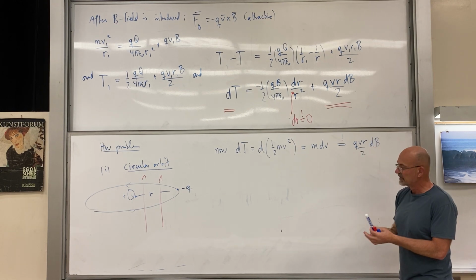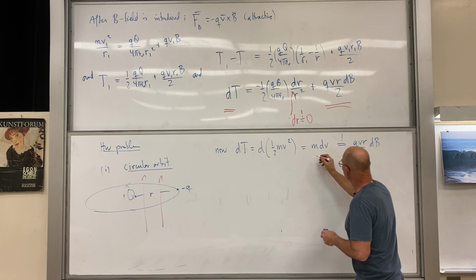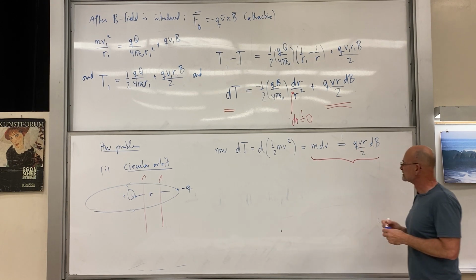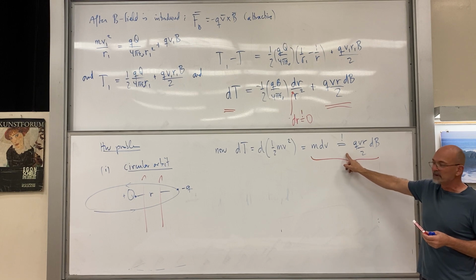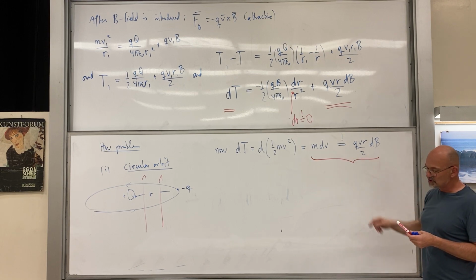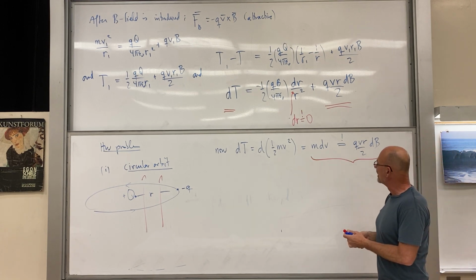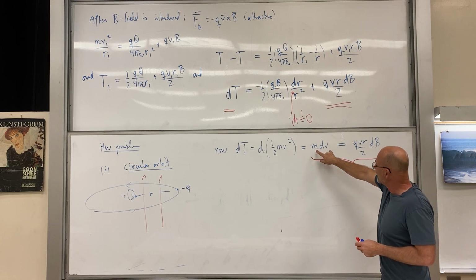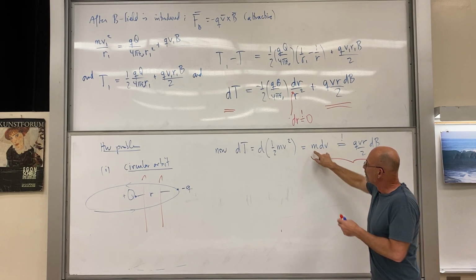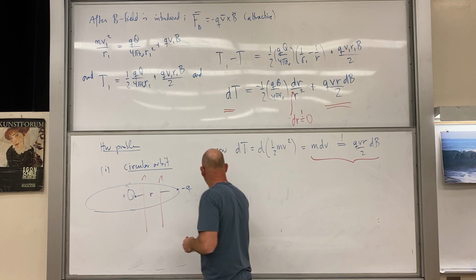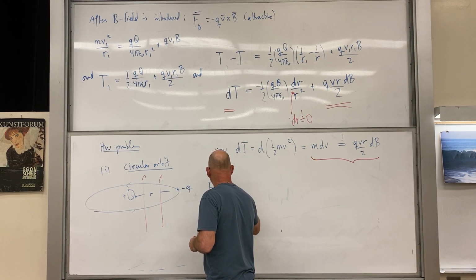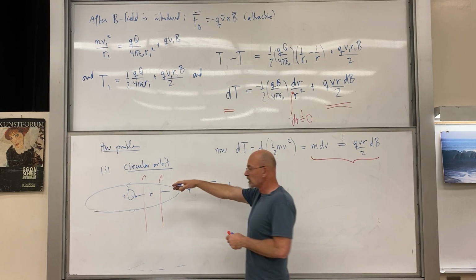Now, how can that be? This is what we're trying to show. If we can show this, then we've shown what we had to show. So we are now going to bring in Faraday's law. We refer to this picture again.